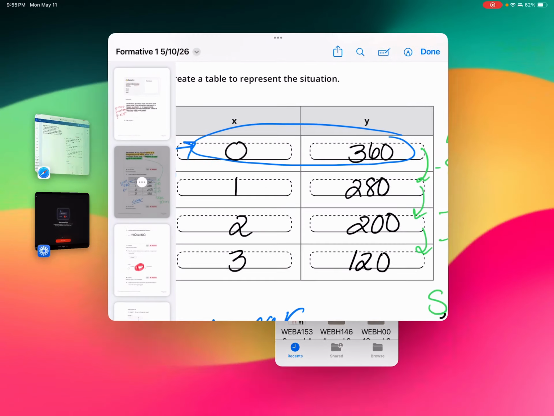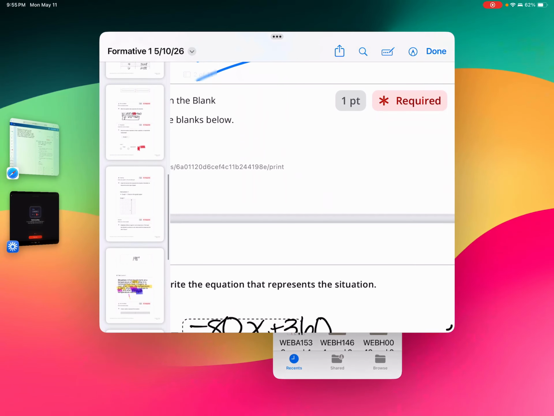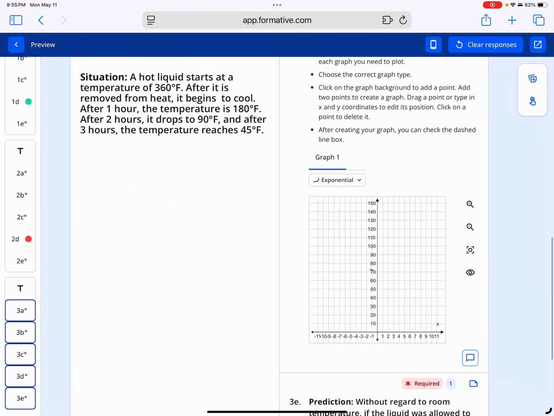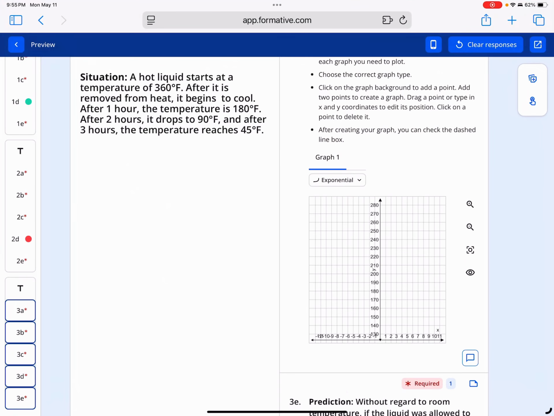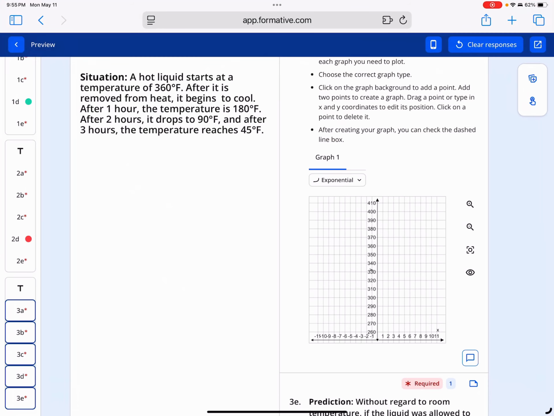And the points for that one were 360 and then 180. So this is what it looks like to start with. I'm going to scroll up, just kind of push it down till I see 360. You might need to try it a few times.